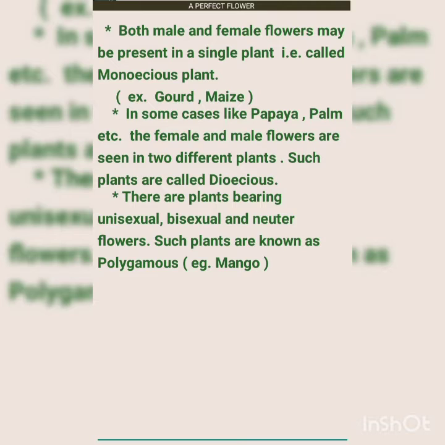Such plants are called dioecious. In other cases, a plant may bear unisexual, bisexual and neuter flowers. Such plants are known as polygamous, example mango. Mango is a tree on which unisexual, bisexual and neuter flowers are seen.